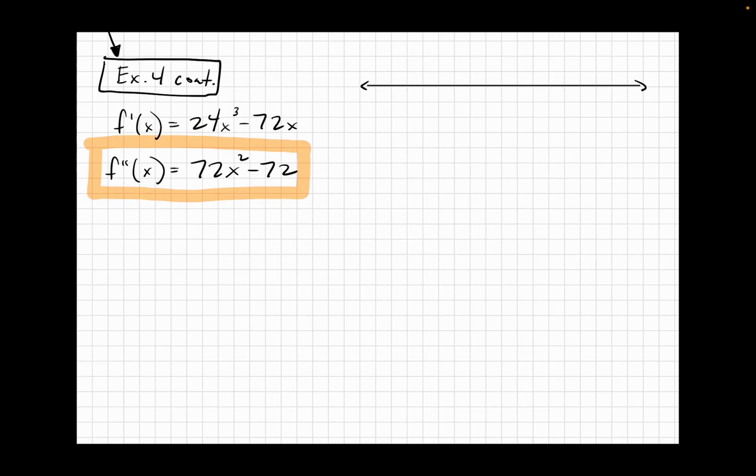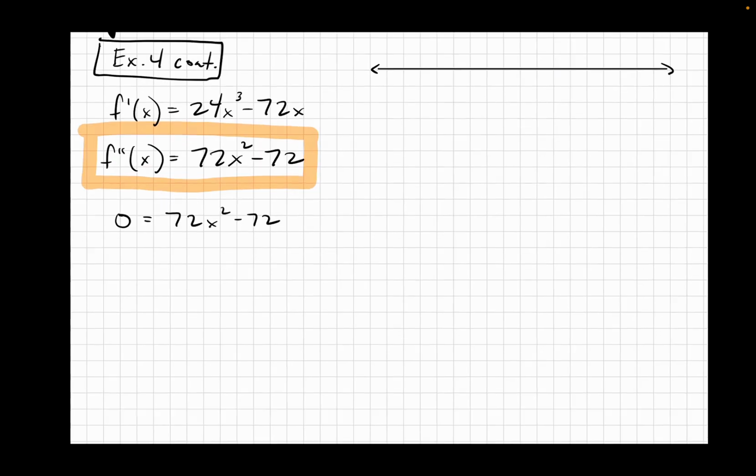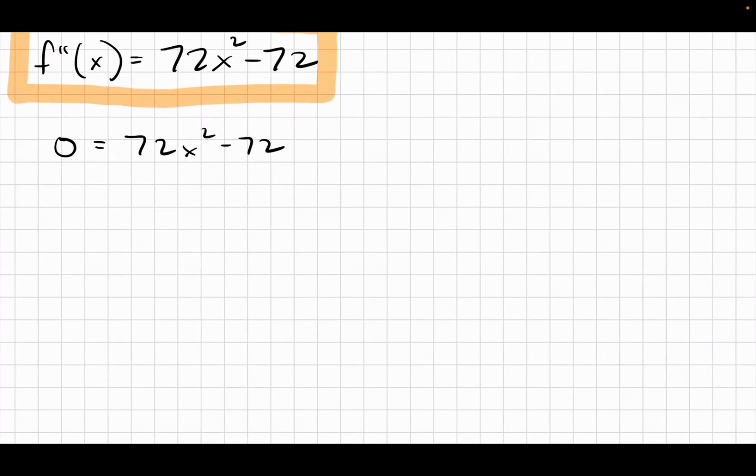Okay, so the second derivative is 72x squared minus 72. So for the second derivative test, we have to set that equal to 0. It's a binomial, so I'm going to factor out a 72.